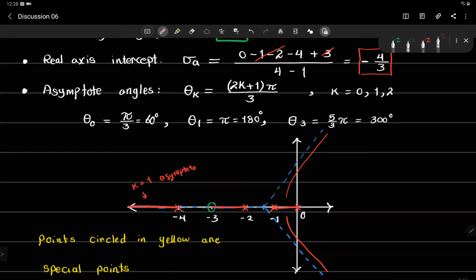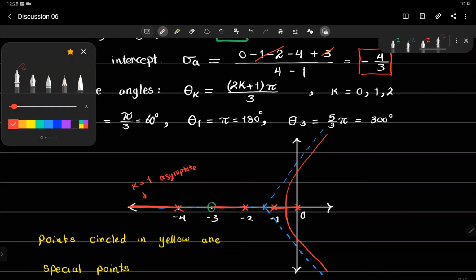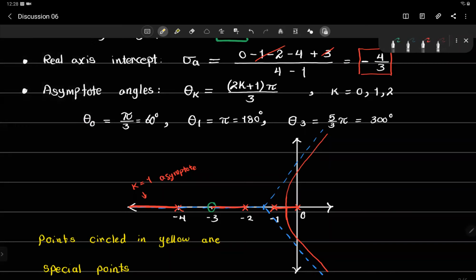And actually what happens is that when the two poles meet, they become complex, and then they start moving towards these asymptotes. And so this point here is a special point that we can use to refine our sketch of the root locus, right? This is called the breakaway point.